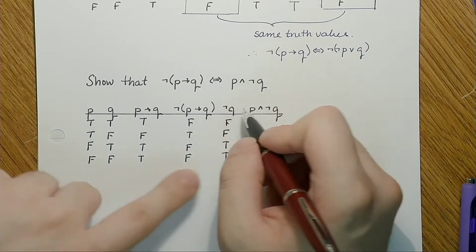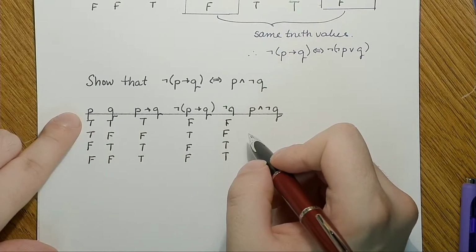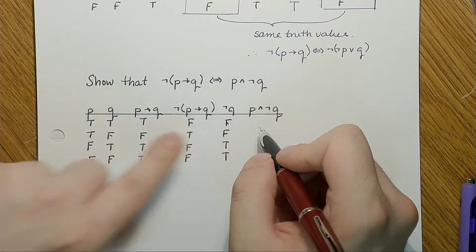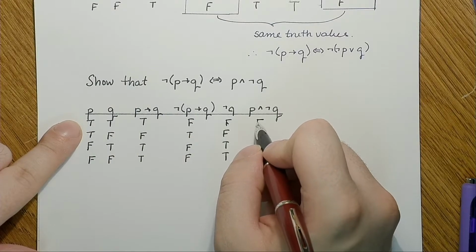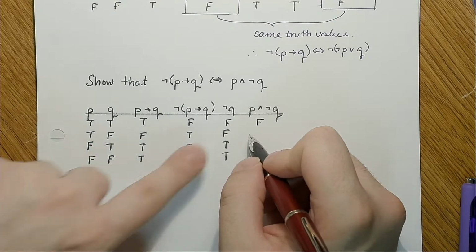And the last one, we'll use this not Q and P. So it needs to be both of them to be true.